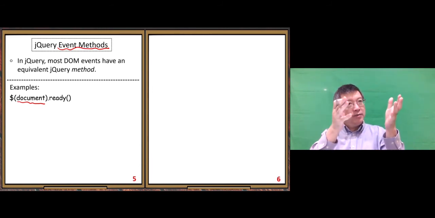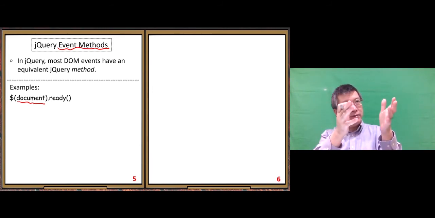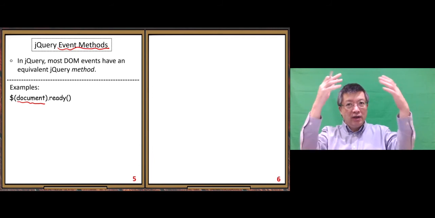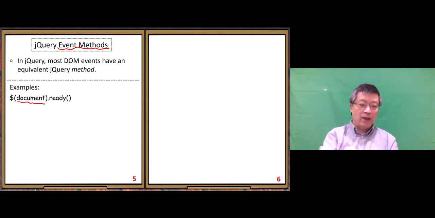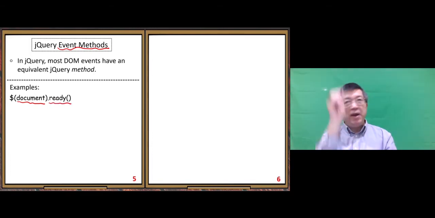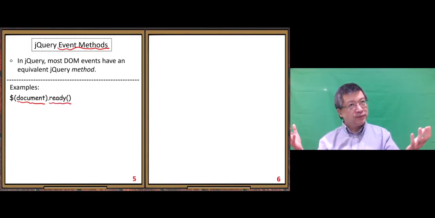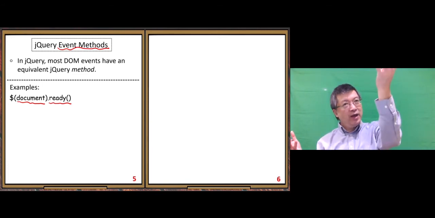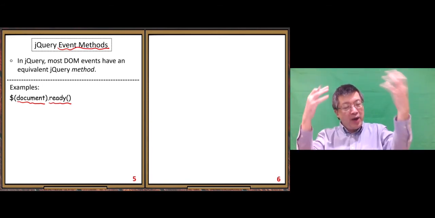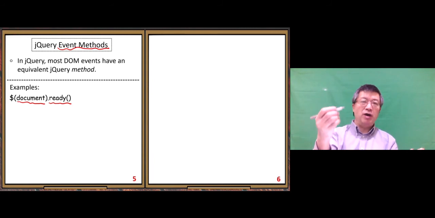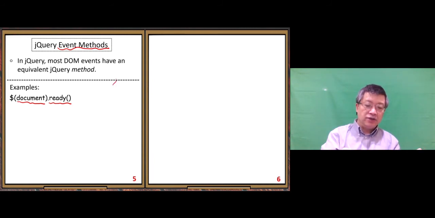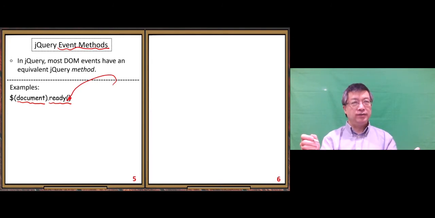The onReady event is created by the browser. When that happens, jQuery calls this ready method. This is a method, right? So when the document is loaded and ready, this method is called. You can pass a parameter to it. The parameter is a function.